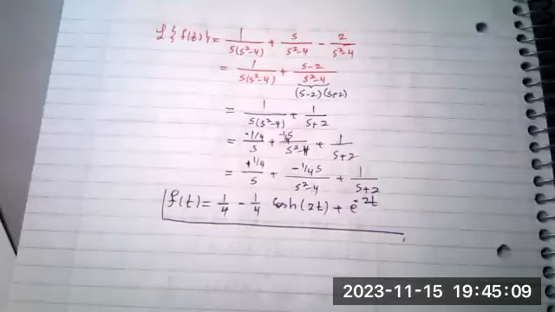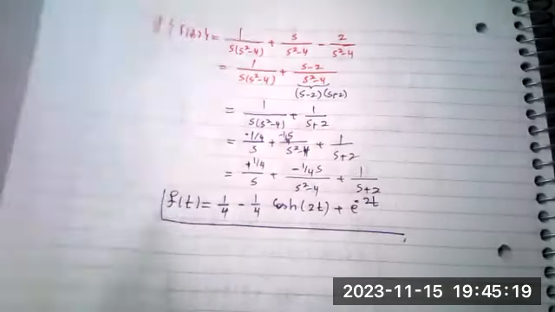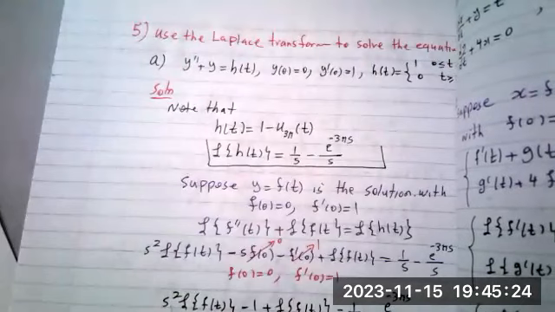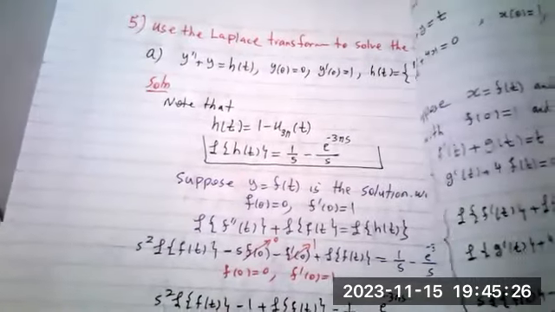Okay, so we are not done. That's f of t. So we have to go back and substitute to get the g of t. So let's see what we have. You go back to one of these equations that you have to get the g of t. Remember?